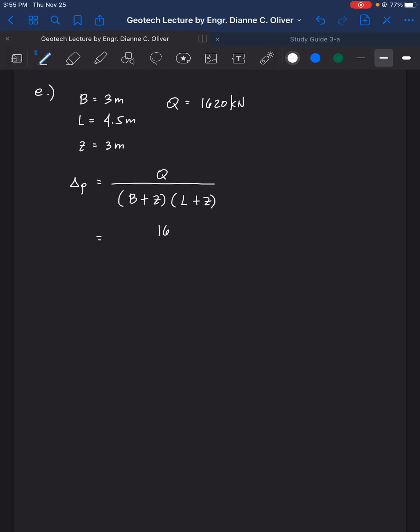So we have 1620 divided by 3 plus 3, then 4.5 plus 3. Delta P is now equal to 36 kilopascal. So we have 36 kilopascal for letter E.